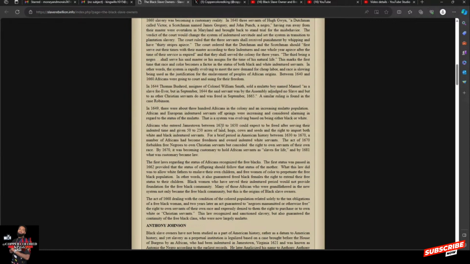In 1649 there were about 300 Africans in the colony, 300 quote-unquote Africans, an increase in mulatto population. African and European indentured servants' offsprings were increasing and considered alarming in regard to the status of the mulatto. That is, a system was evolving based on being either black or white.